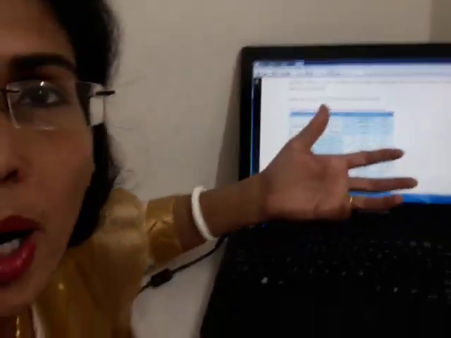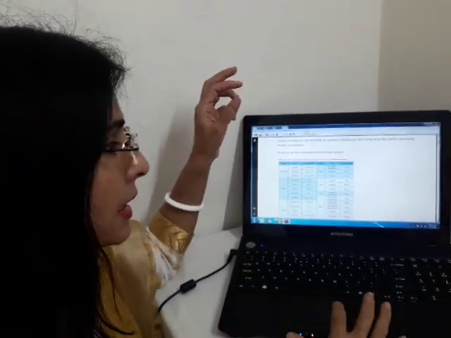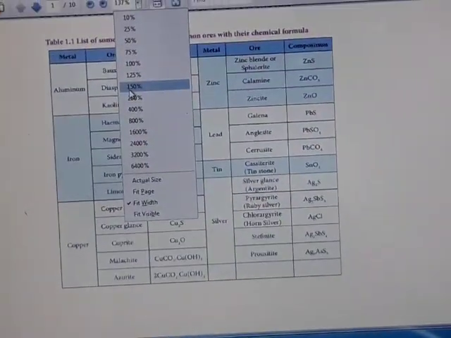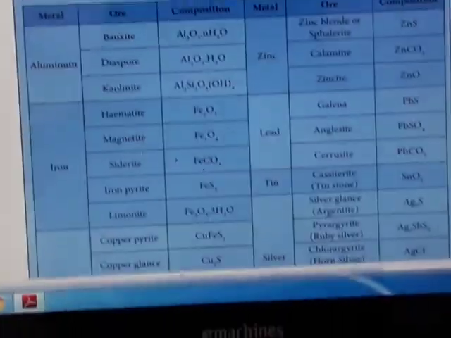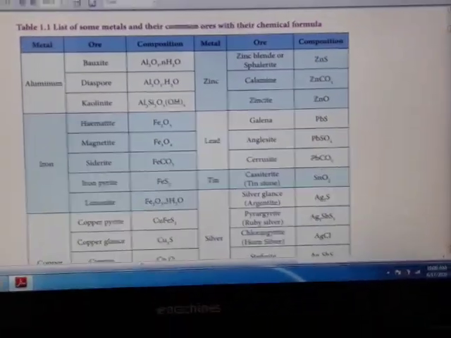Then coming to the next one, those samples of soil which have quite a high amount of metal in them, and the metal can be extracted profitably and economically, are called ores. So here you see a table which will show you the different types of ores having metals in them.